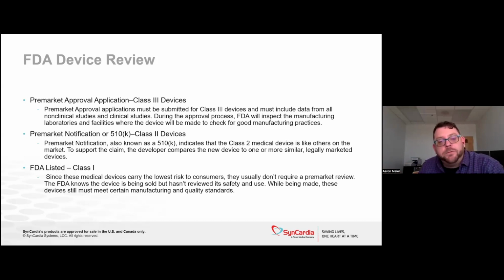So in that Class 2 510K space, you're really doing a substantial equivalence demonstration. You don't have to necessarily demonstrate the novel functionality, just that this is at least as safe and effective as what's on the market. And in the pre-market approval process, that Class 3, you're not comparing it against a competitor. You're demonstrating that this device meets its intended purpose, and this is where you really start getting into clinical trials, right?